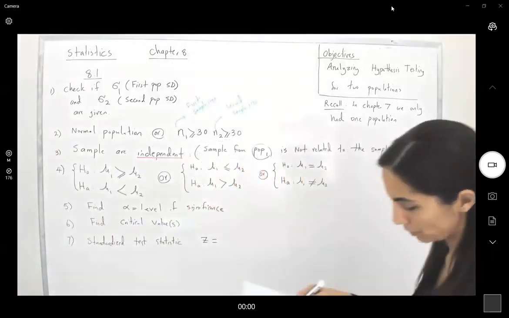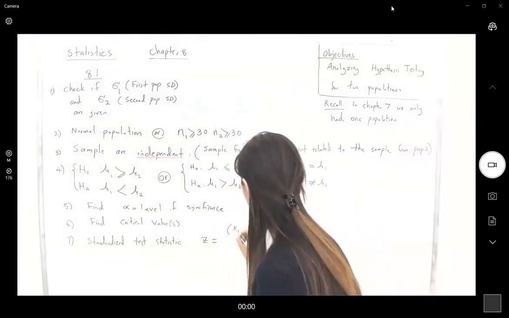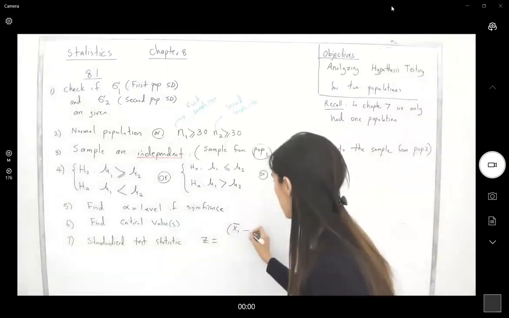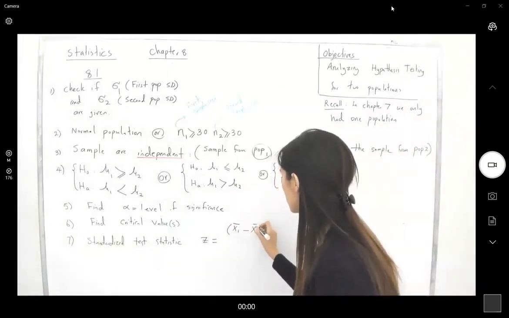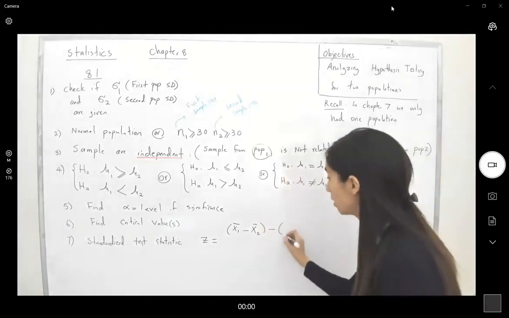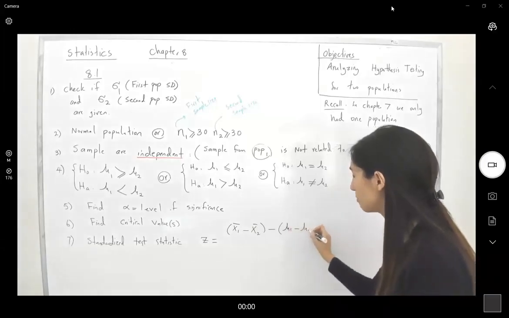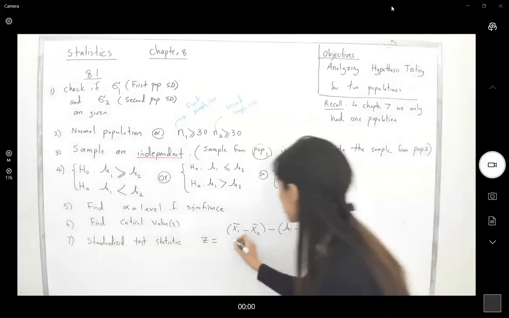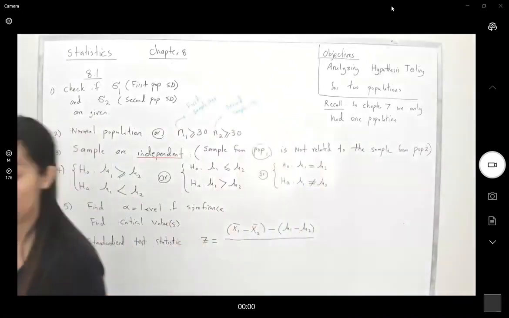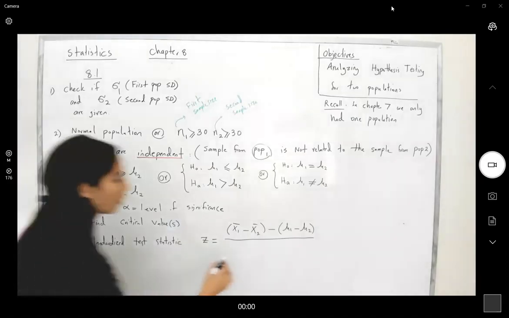Z is equal to x1 bar, the mean of the first sample, minus the mean of the second sample, minus the mean of the first population minus the mean of the second population, divided by the square root of.